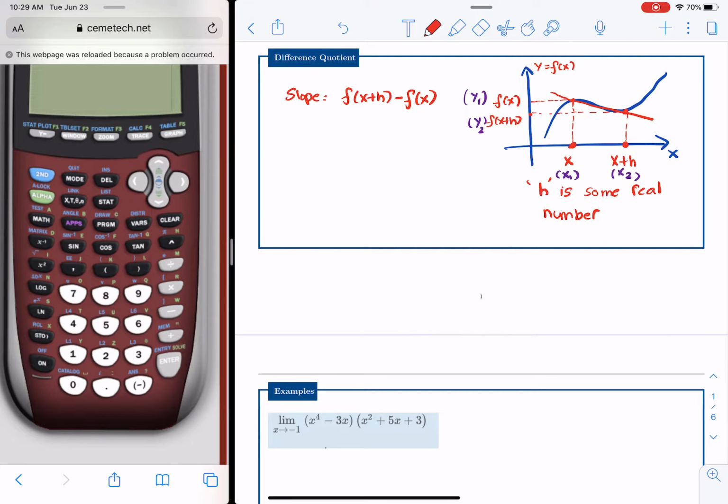So f of x plus h minus f of x divided by x plus h minus x. The x's will get cancelled and we would simply have f of x plus h minus f of x divided by h. And that is what we call the difference quotient of a function f of x.